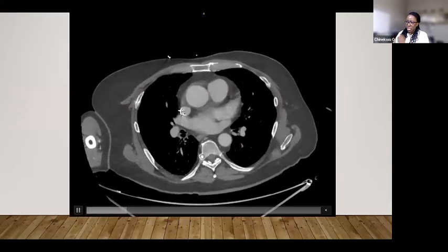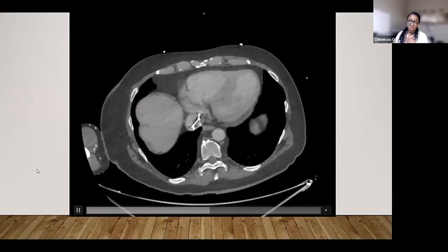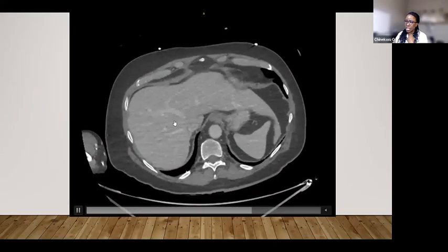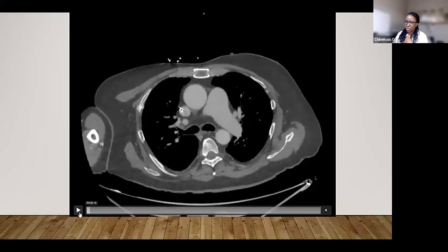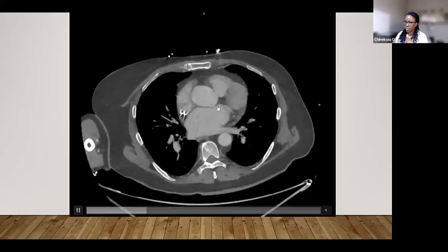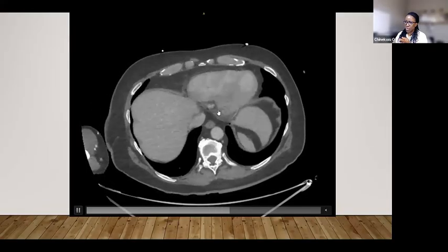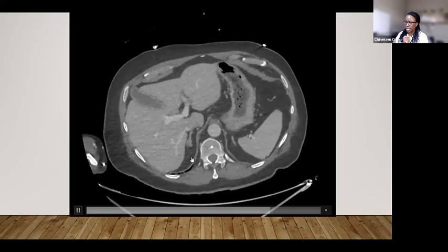Now, this is just an axial slab of a non-cardiac CT he had, because he was too unwell to have a cardiac CT. But as this slab goes through, and we are just looking at the coronaries as they come off, we can't really see any coronary artery disease. We see his arteries quite well, and he doesn't have coronary artery disease.